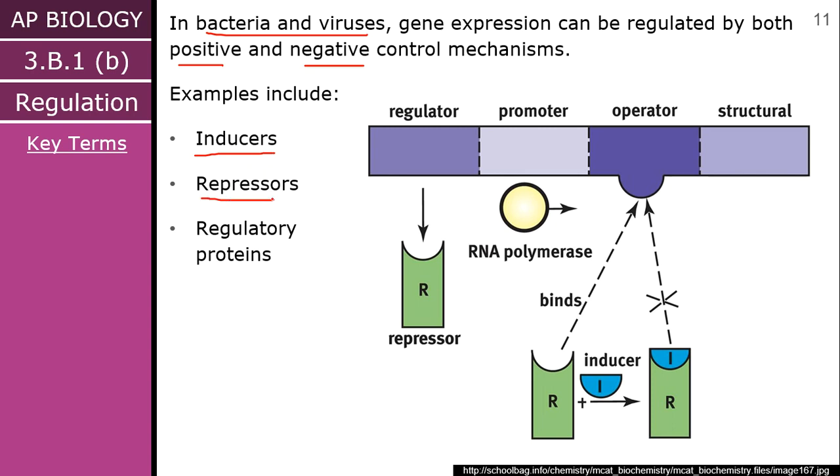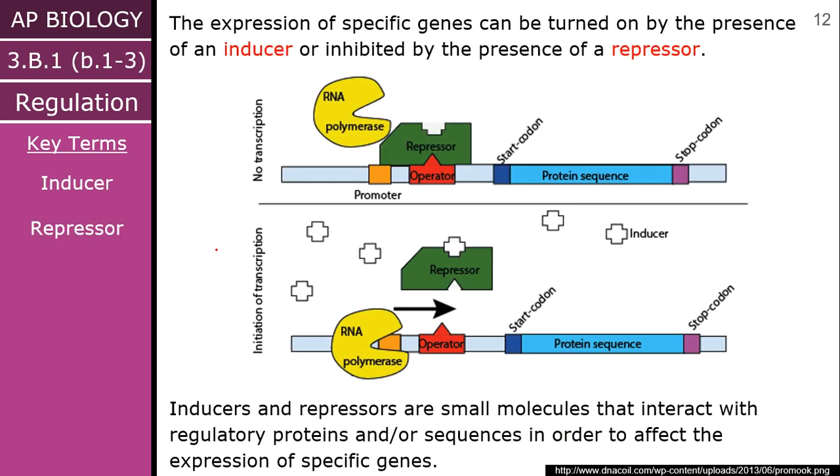Or you could have a gene that has to be repressed or stopped. So maybe it's on all the time until you stop it. Okay, so there's multiple options here. We're going to go through a couple of those. And then there's also regulatory proteins. So there's things that we can create within the cell that will allow transcription or prevent transcription, very much like we were just talking about.